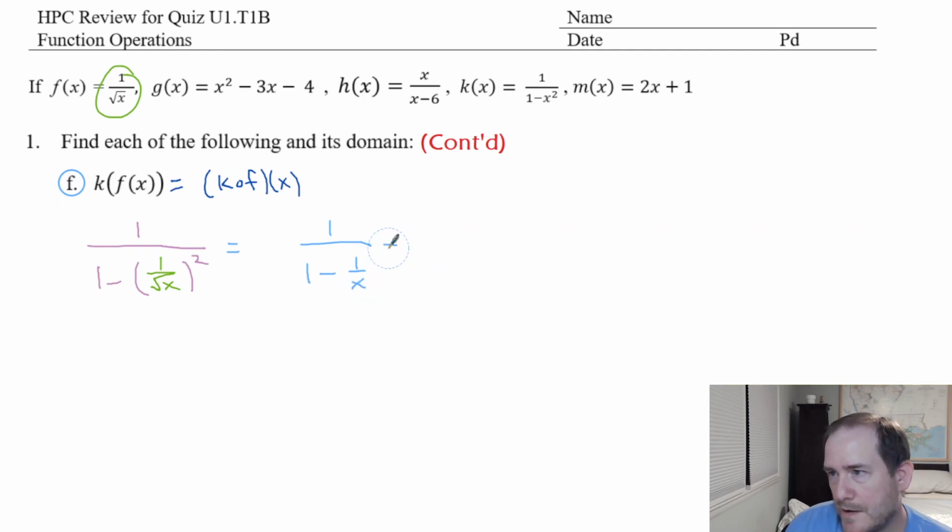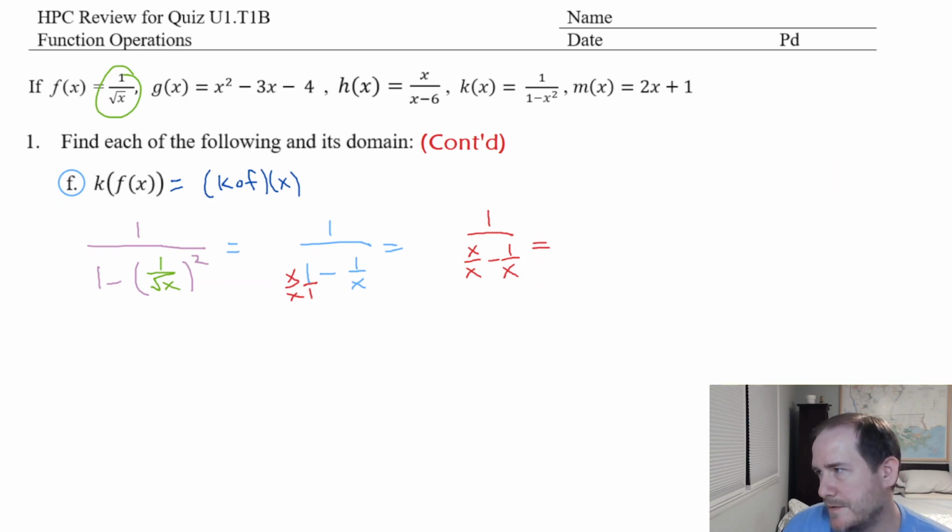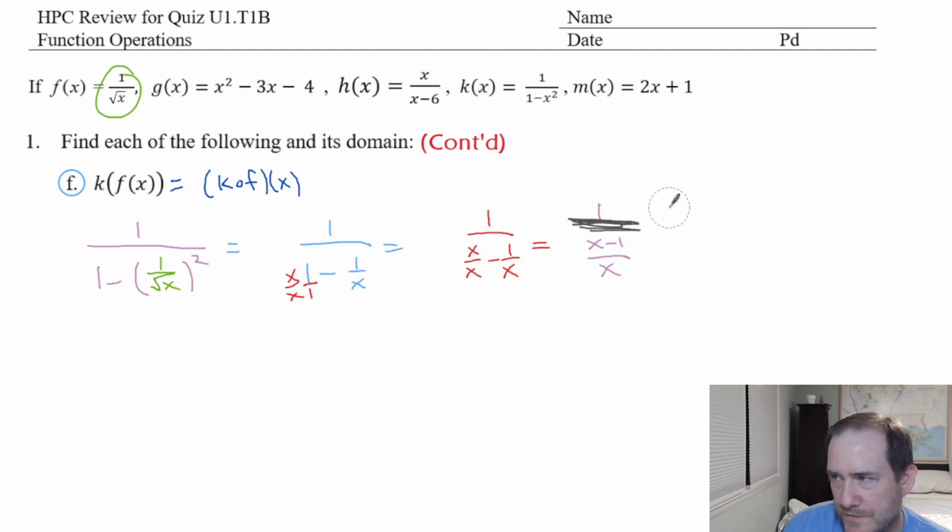Okay, great. So that becomes, let's see, 1 over. This 1 I would treat as a 1 over 1, but I need it to have a denominator of X, so I'd multiply it by X over X, and it'll become X over X. So I now have X over X minus 1 over X. That now becomes 1 over X minus 1 over X. And luckily for y'all, treating this fraction bar as sort of our main fraction bar, 1 over a fraction is always just the reciprocal of that fraction.